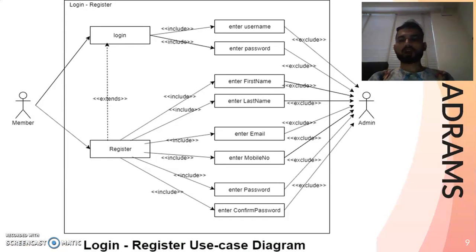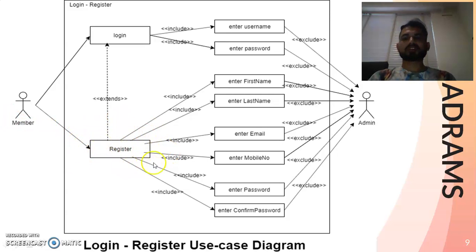Now I am going to show the login register use case diagram which is made in Draw.io. This is a member and this is an admin. So how they are connected with each other. When a new member is coming, they have to register first.